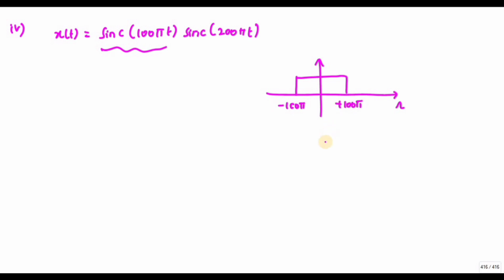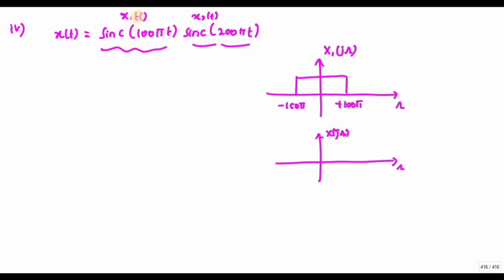Similarly, if I convert this one into a Fourier transform value, this is X1 of j omega, for x1 of t, and this is x2 of t. If I take the Fourier transform, it will be 200 pi and minus 200 pi.